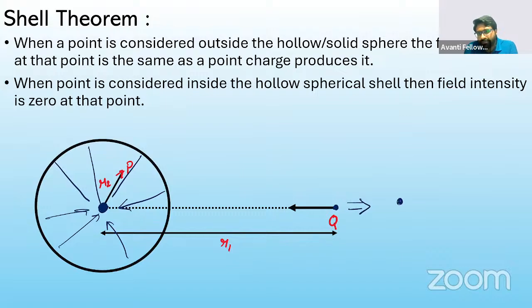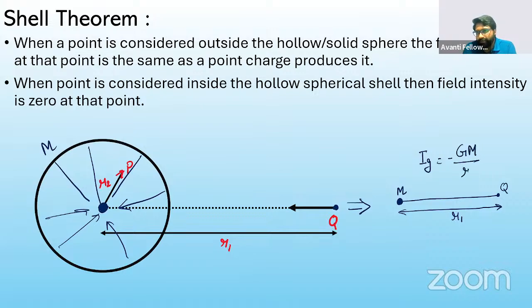This is a point mass, and we have this point Q here, and this distance is small r1. Let's say the mass of this solid or hollow sphere is capital M. So we can assume a point mass particle of capital M mass and calculate the gravitational field intensity, which is G capital M upon r1 square.